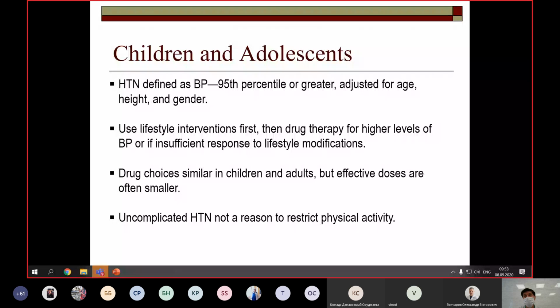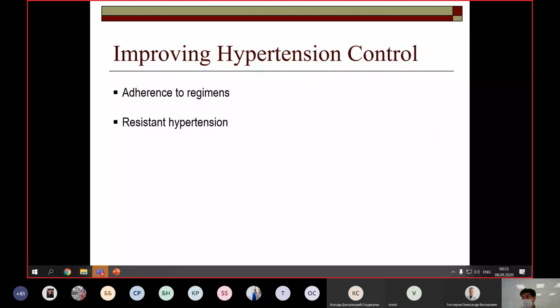Inhibitors of RAS should never be prescribed for children and adolescents, to prevent negative effects on tissue differentiation. So please improve hypertension control and check adherence to the regimen, provide these recommendations regularly, and prevent the onset of resistant hypertension and improve survival of your patient.